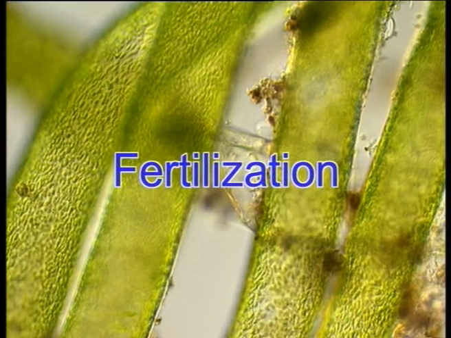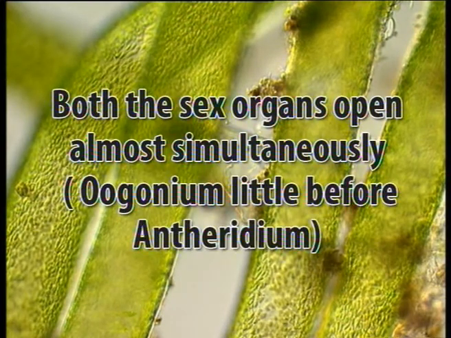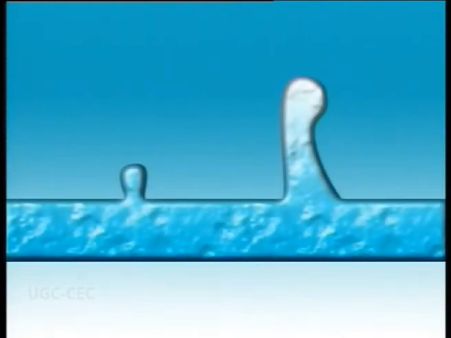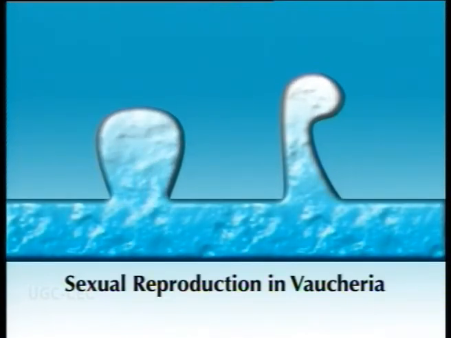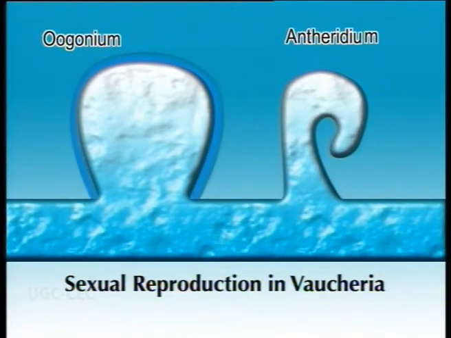Now fertilization. Both the sex organs open almost simultaneously, the Oogonium a little before the Antheridium. The Antheridia and Oogonia situated close together may dehisce at almost the same time, or either of them may open from a few minutes to 2 hours before the other dehisces.